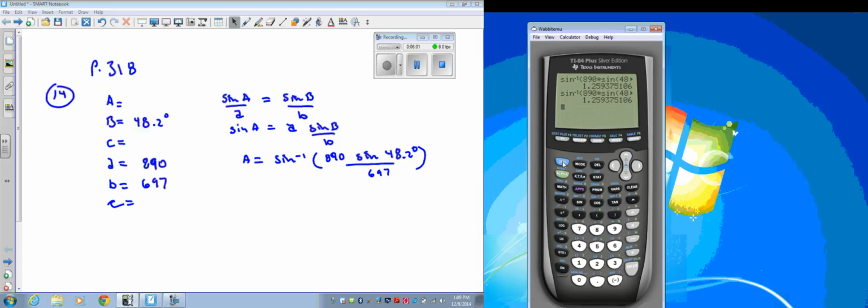Second, sine inverse. Now it's in degrees mode, so I don't have to worry about that.